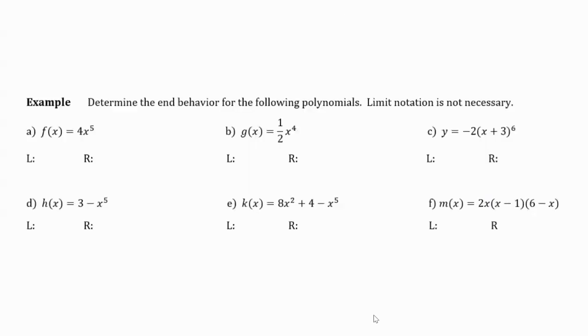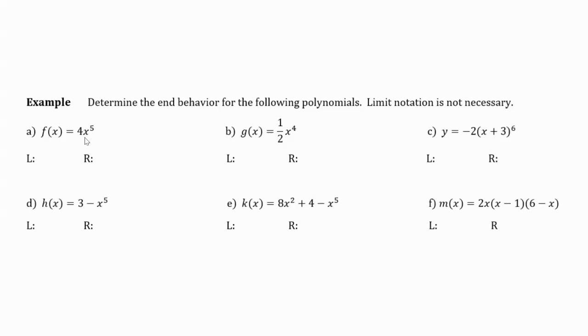In this next example, you do not have to be as detailed. We aren't going to use limit notation. We are just simply going to talk about where the graph is headed on the left and where it is headed on the right. So I do want you to think about two things: the degree of the function and the lead coefficient.